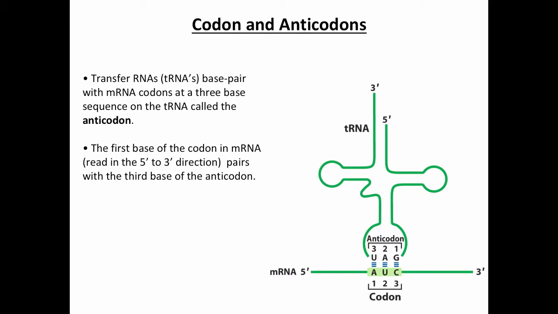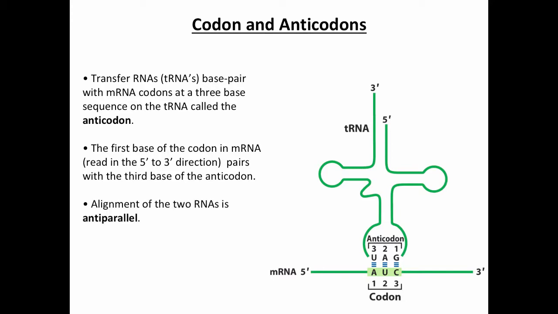The first base of the codon is going to base pair, usually with normal Watson-Crick base pairing, with the third base of the anticodon of the tRNA. The second base of the codon will base pair with the second base of the anticodon, and then the third base of the codon will base pair with the first base of the anticodon of the tRNA.